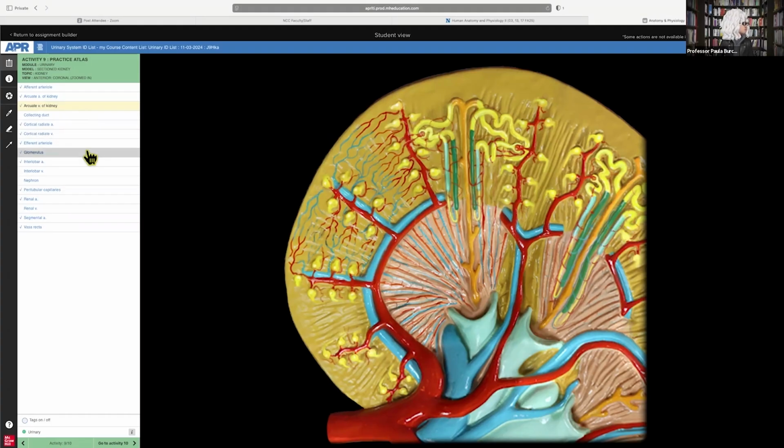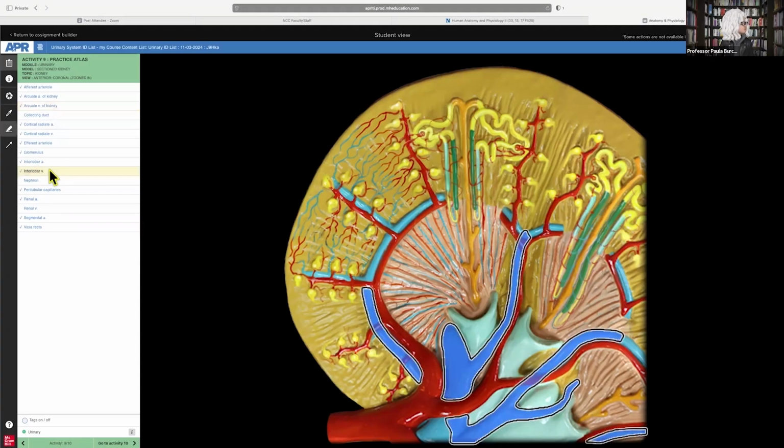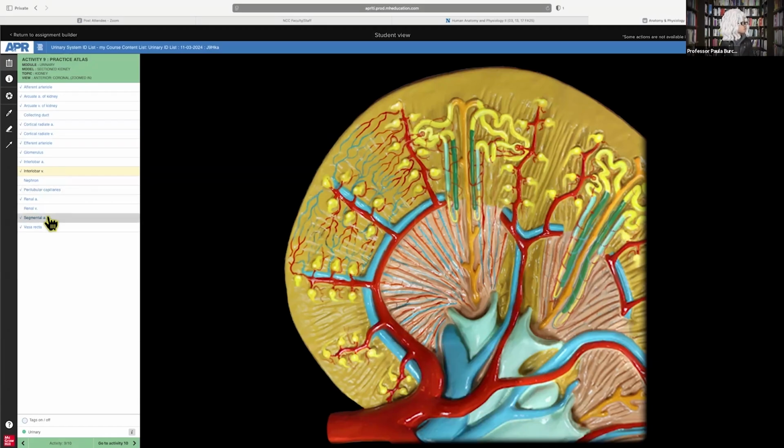And the arcuate veins then will go into interlobar veins that go through those renal columns. And again, they're carrying blood out of the kidney, so the blood is flowing in the opposite direction as the arteries, but for the most part, the arteries and veins run parallel to one another. There are no segmental veins, so you go directly into the renal vein and out of the kidneys.